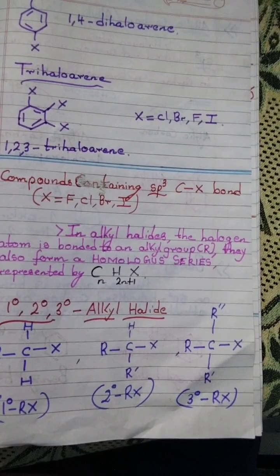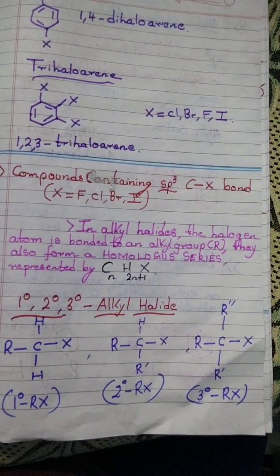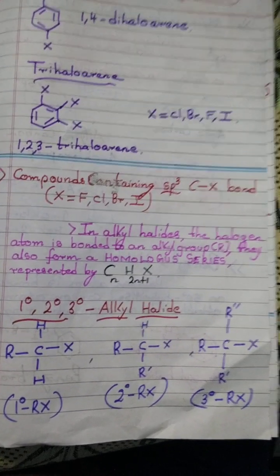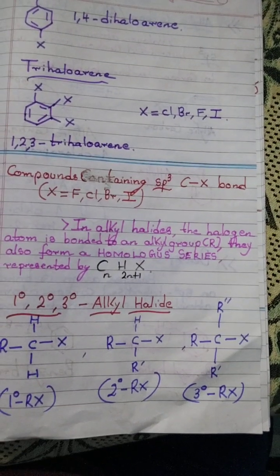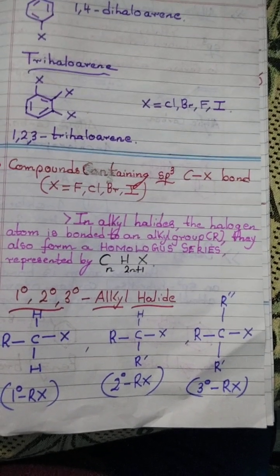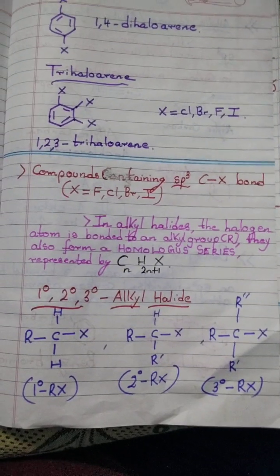Again, if the halogen atom is bonded to a carbon having no hydrogen atom, it is called tertiary. In this case, the carbon atom will be bonded to three different or same alkyl groups.